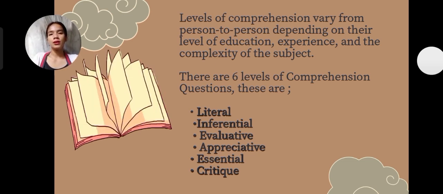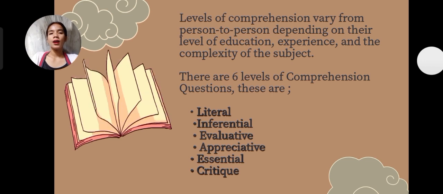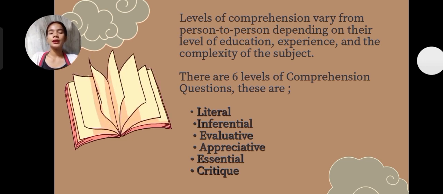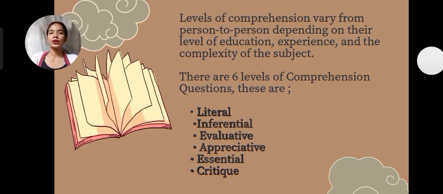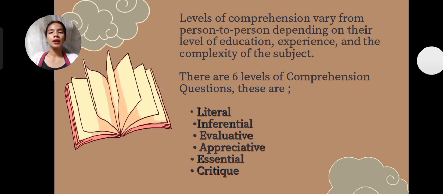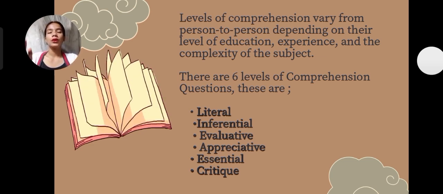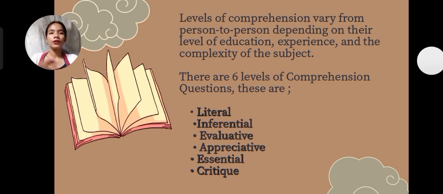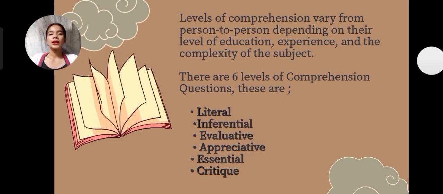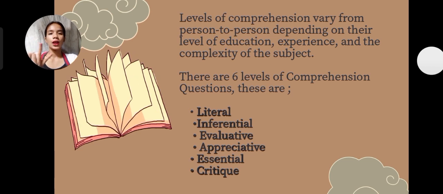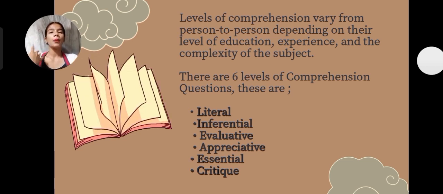This is the reason why Mount Sack created these 6 levels of comprehension questions, in which they believe that every person has different levels of understanding. It depends on their experience and their level of education. So there are 6: literal, inferential, evaluative, appreciative, essential, and the last one is critic.